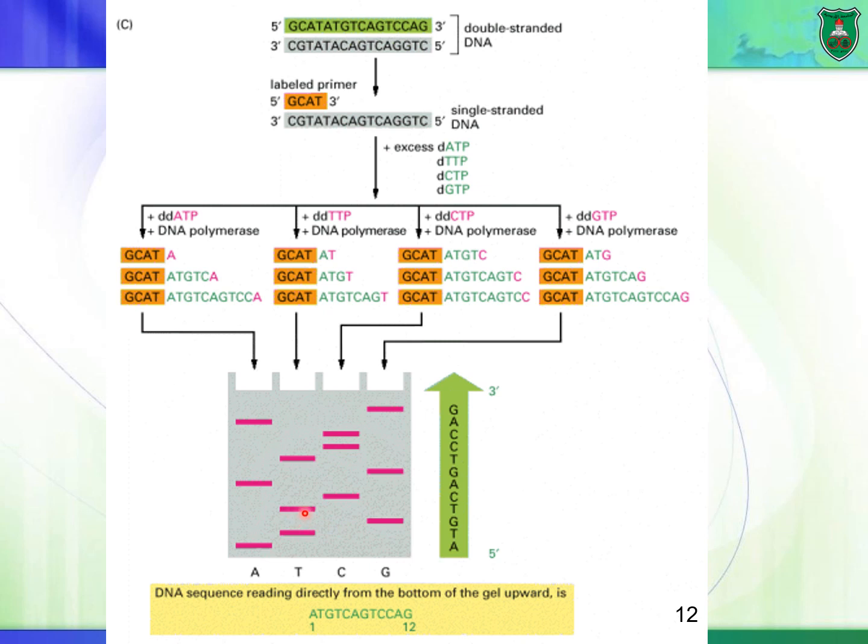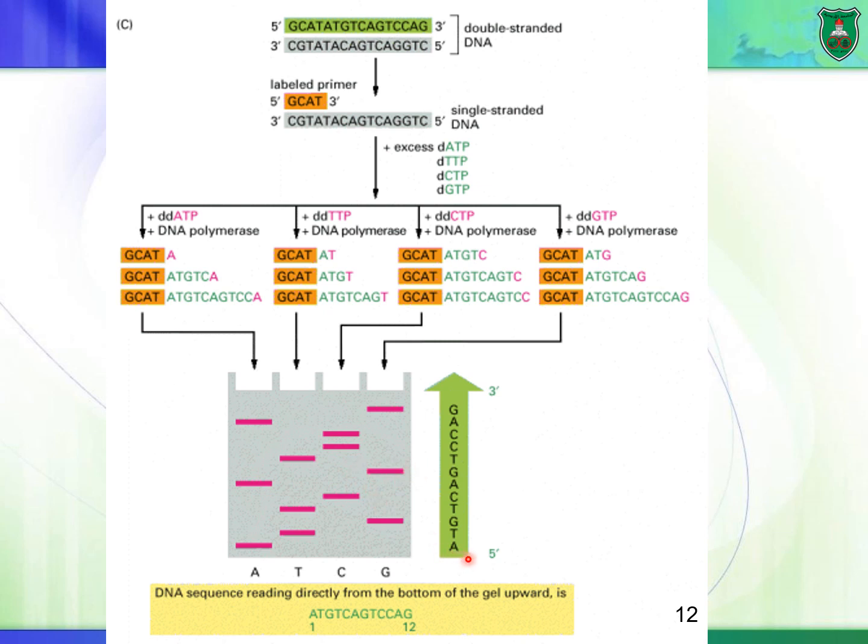This is longer by one nucleotide versus this, and so on. So I know based on the location of the fragments what the nucleotide is. I know it's A, T, G, T, C, A, G, and so on.